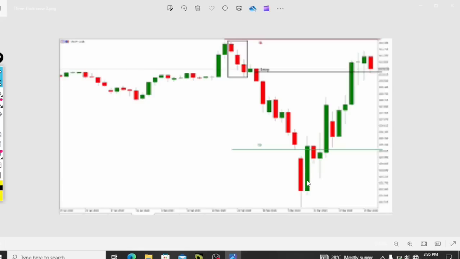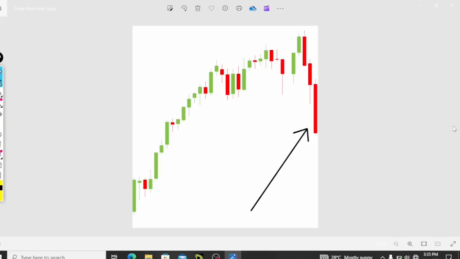So assuming that you placed your trade at the emergence of the 3 black crows, look, imagine what it could have become. Look at this one. Imagine this one. 1, 2, 3. These 3 candles that you see here are also an example of 3 black crows, and it is a strategy for you to go short.